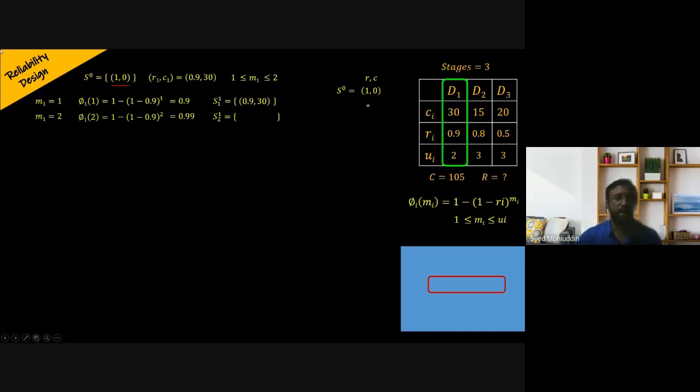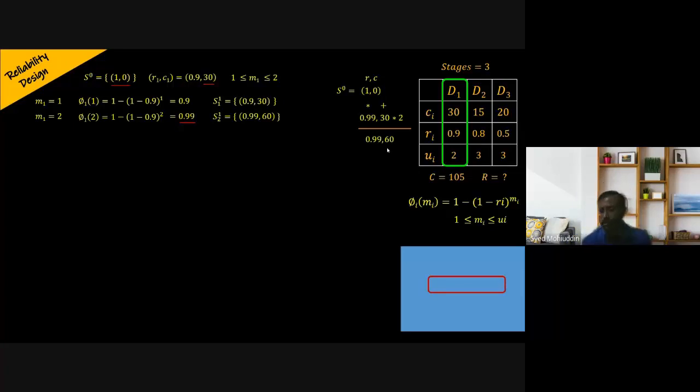So now we again take this 1 comma 0 from the initial set S0 and use the reliability 0.99 which we have computed, multiplied, and we are considering M1 as 2, meaning 2 devices we are including. So plus the cost: each device costs 30, so 30 multiplied by 2, we get 60. This value will give us the element of set S12.